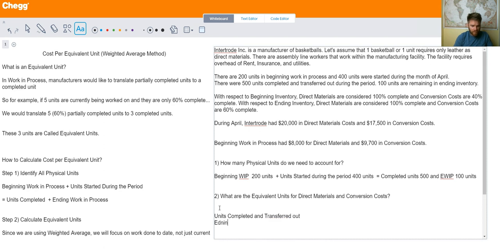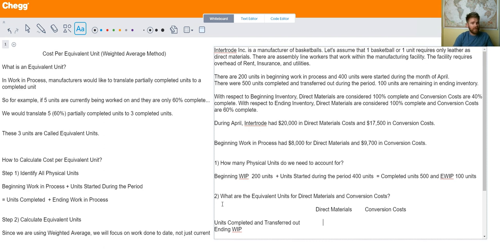And we'll divide it up again into direct materials and conversion costs. So units completed and transferred out. Well, there were 500 units that were completed and transferred out.